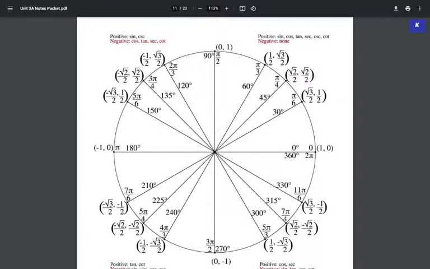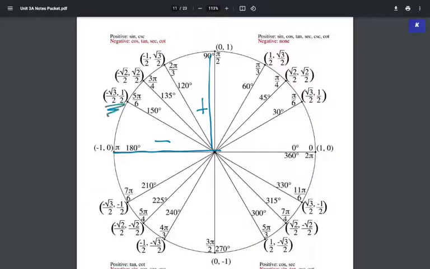So things to think about or to consider on this unit circle is, this is in the quadrant where, right here, the x's are positive and the y's are positive. So on your ordered pair, the x's and the y's are positive for each of those numbers. So that's one thing to consider. Another thing to consider is in this quadrant, the x's are negative and the y's are positive.